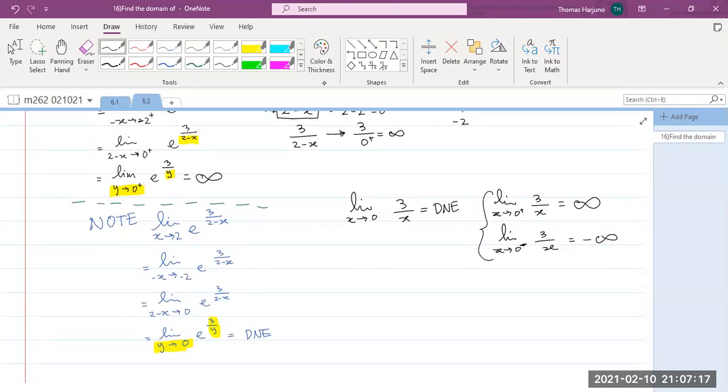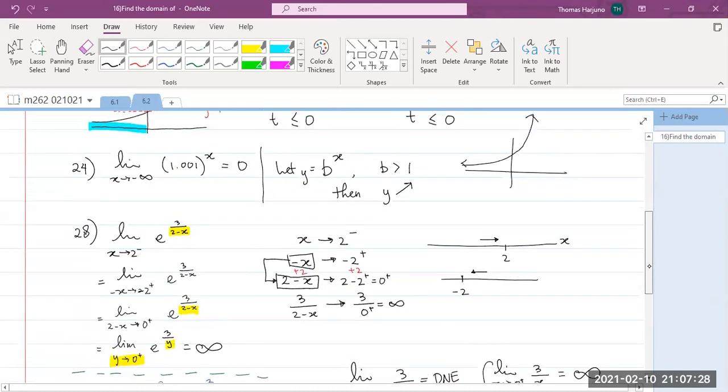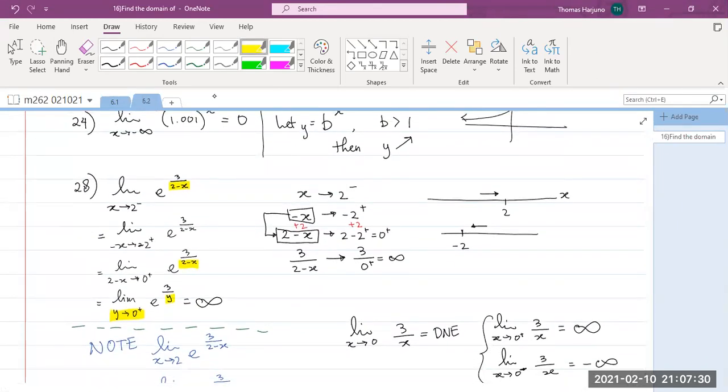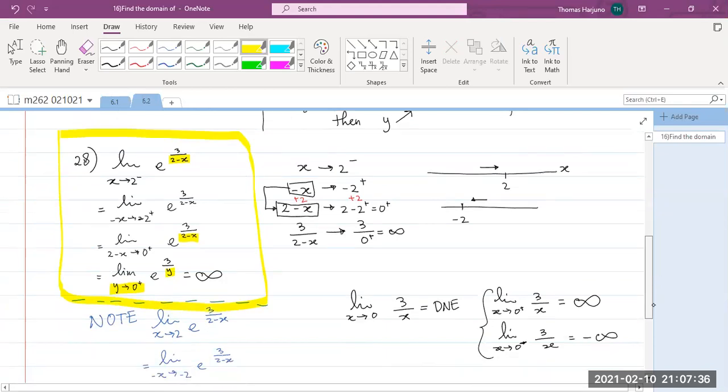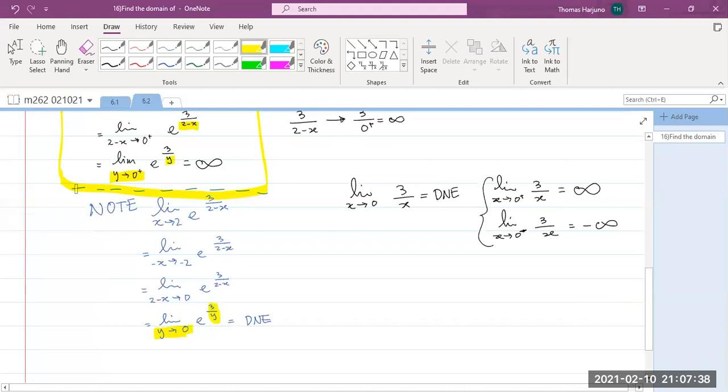I got a question. So from the right, it's approaching infinity, and from the left, it's approaching infinity. But the question was only from the left, right? That's right. So we don't need to explain the right? No need. The question in number 28 is specifically when x approaches 2 from the left-hand side. Now, I try to put a note here.